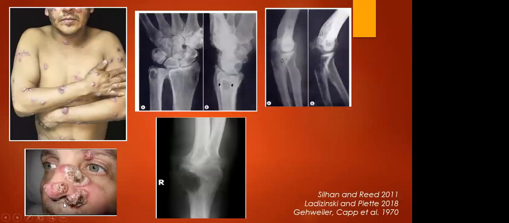So these pictures here are just to illustrate the cutaneous manifestations. So you can see here these verrucous ulcerative lesions, and here's the osteoarticular involvement where you have these lytic lesions of the bone. The dog is also a clue.